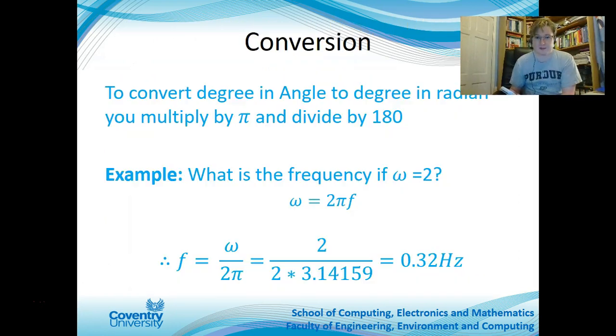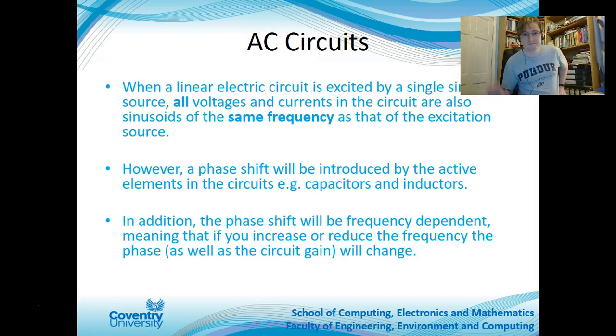If you want to convert degrees to radians, you multiply by pi and divide by 180. So if you have an omega value of 2, you know omega is equal to 2 pi f, so our frequency is omega divided by 2 pi, which gives us a frequency of 0.32 hertz. So this omega term is very important and one you need to remember.